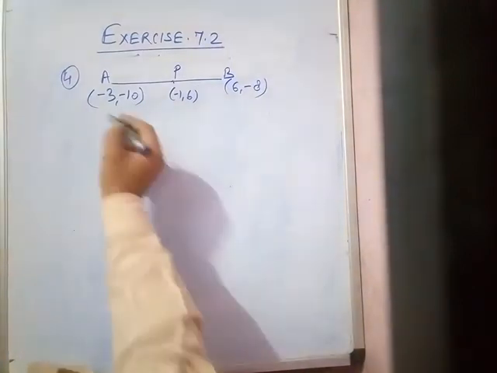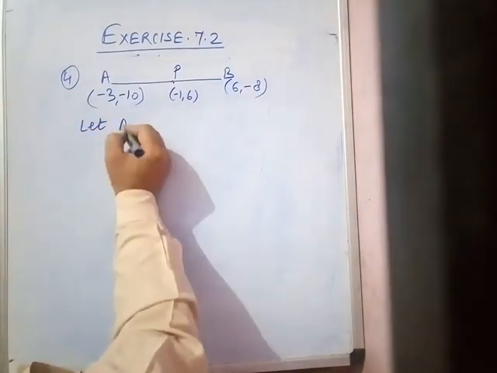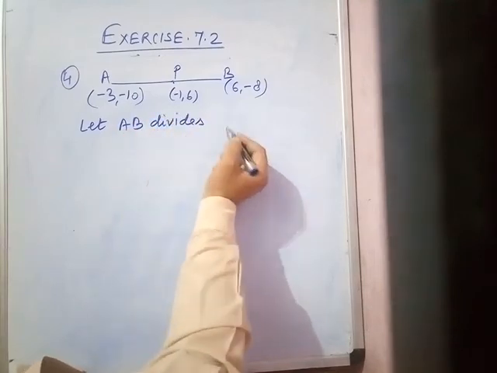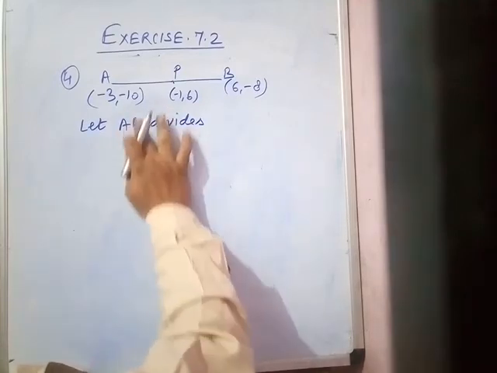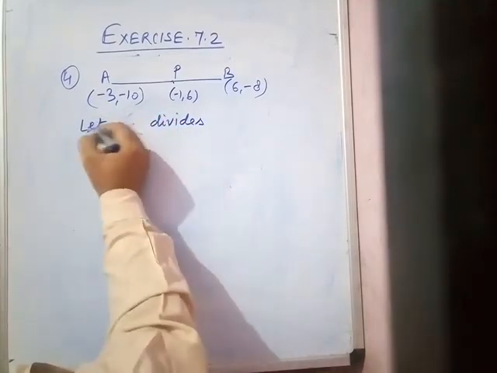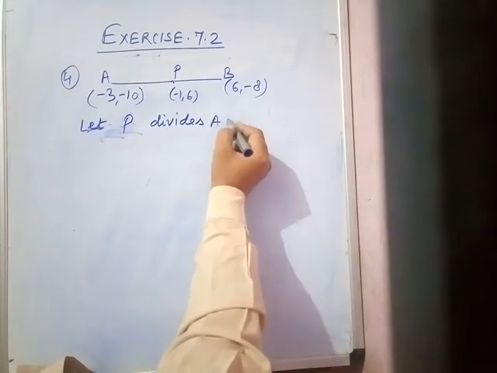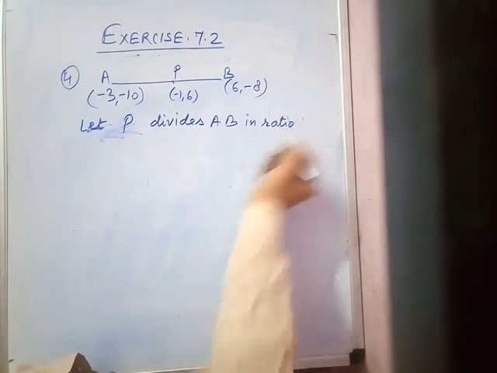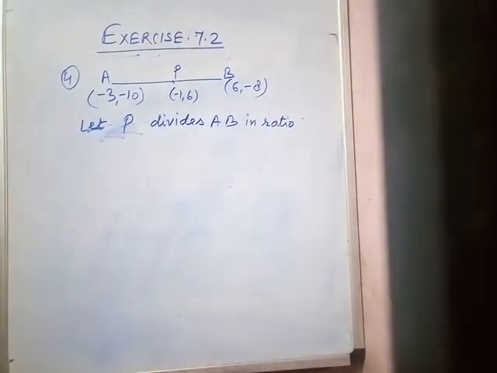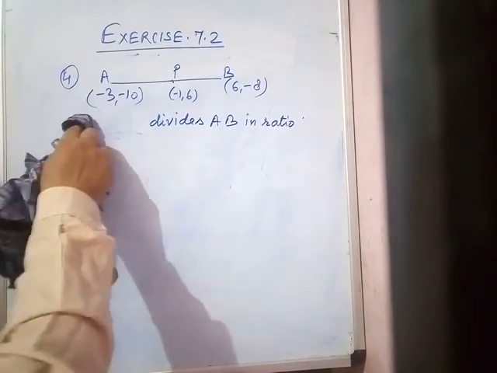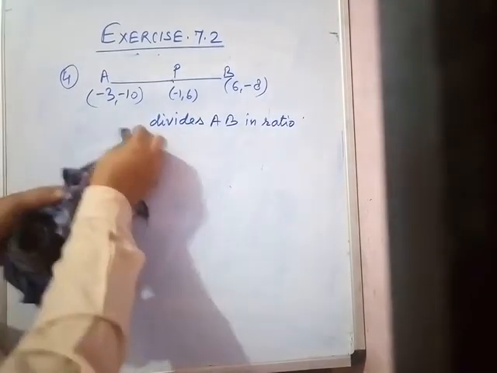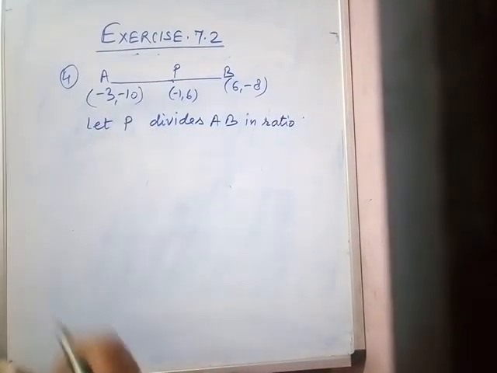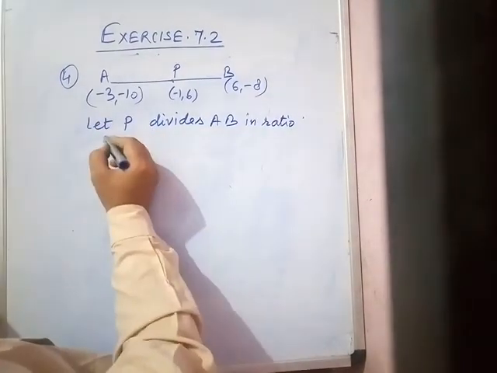So let P divide AB in the ratio k is to 1.